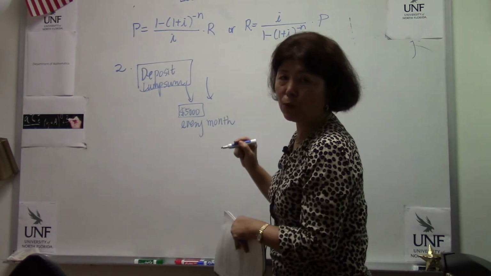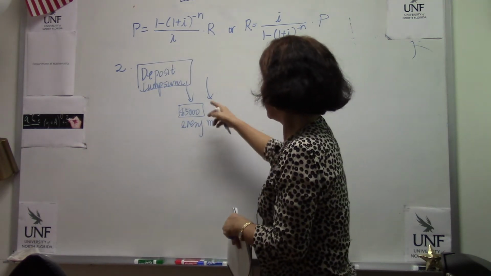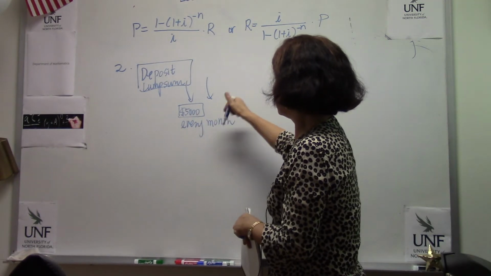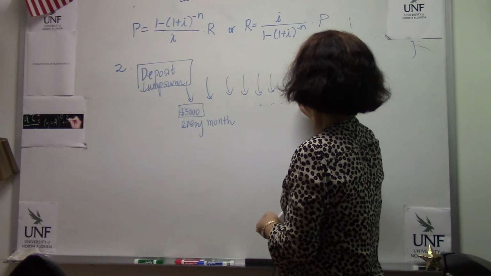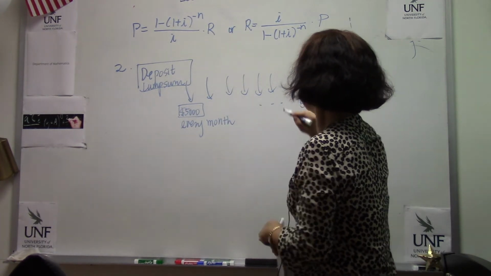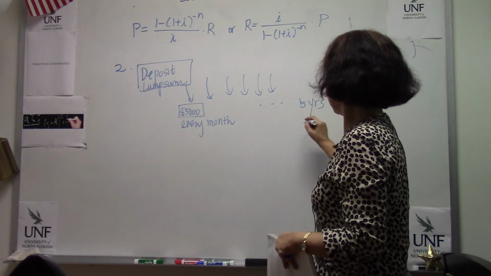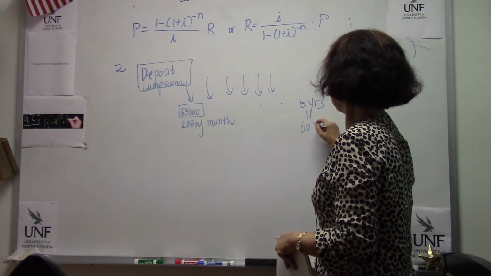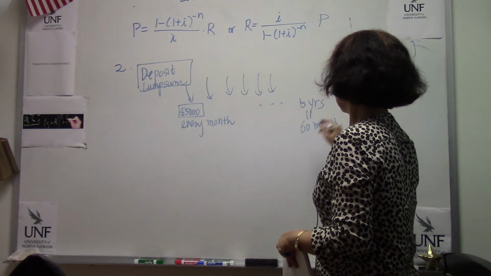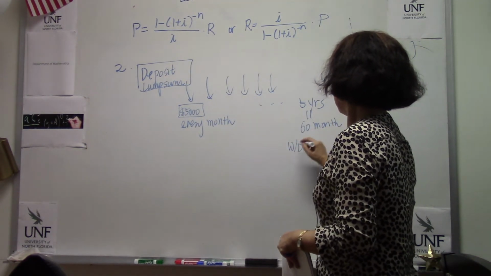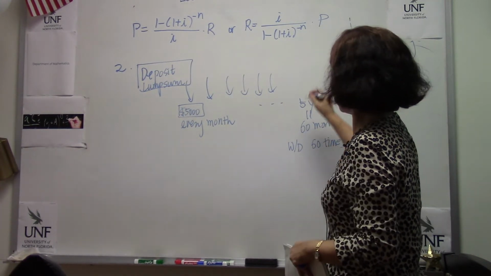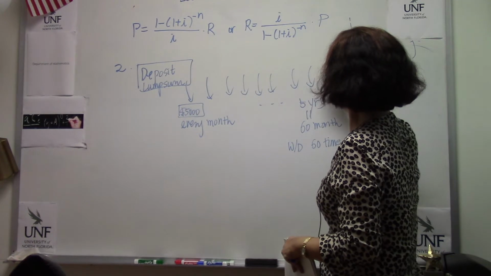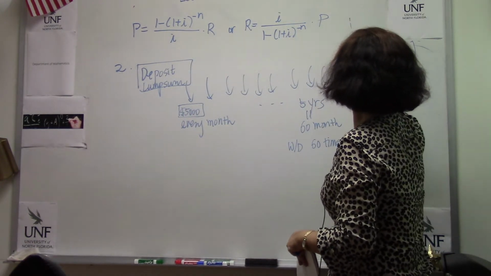So this is not just a one-time withdrawal. $5,000 every month for how many years? Yes, for 5 years. So that means 60 months. So you are going to withdraw 60 times. So at the end, this balance goes down to 0.